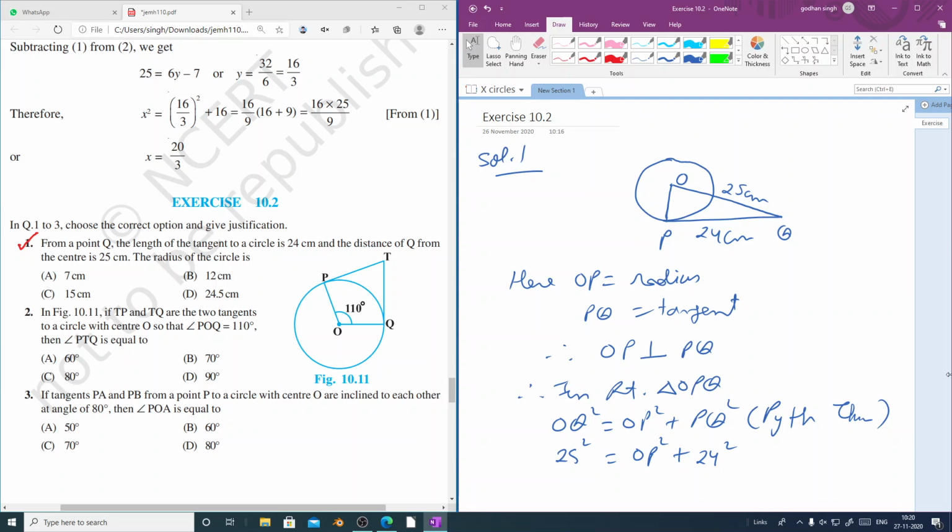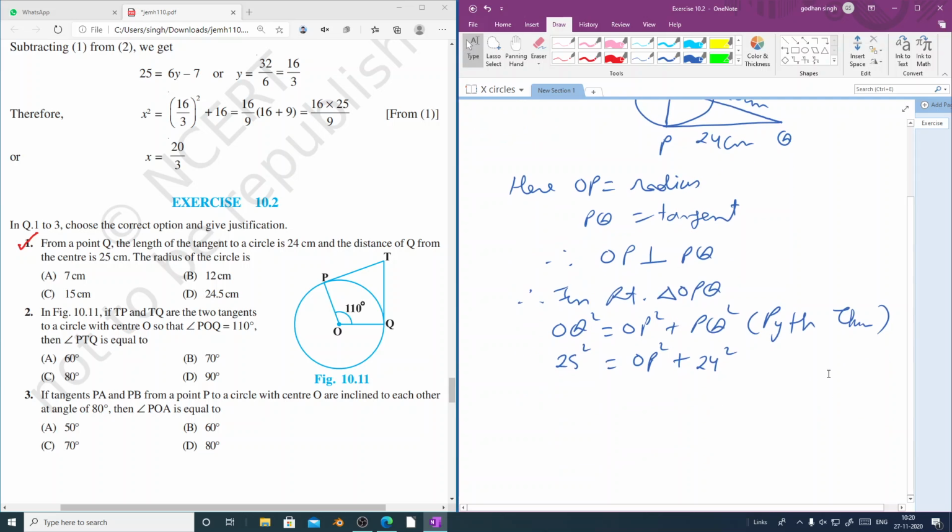So squaring 25 we will get 625 equal to OP square plus 576, and this will give us 625 minus 576 equal to OP square.